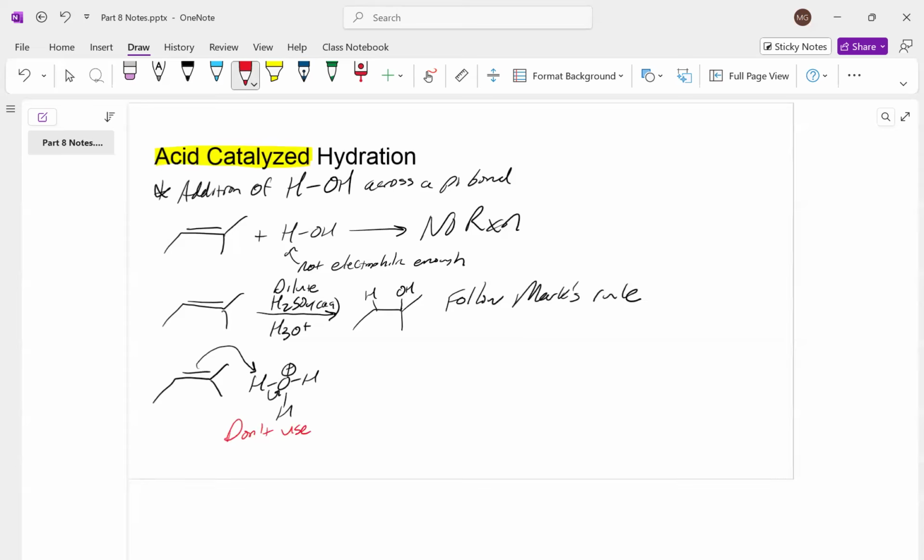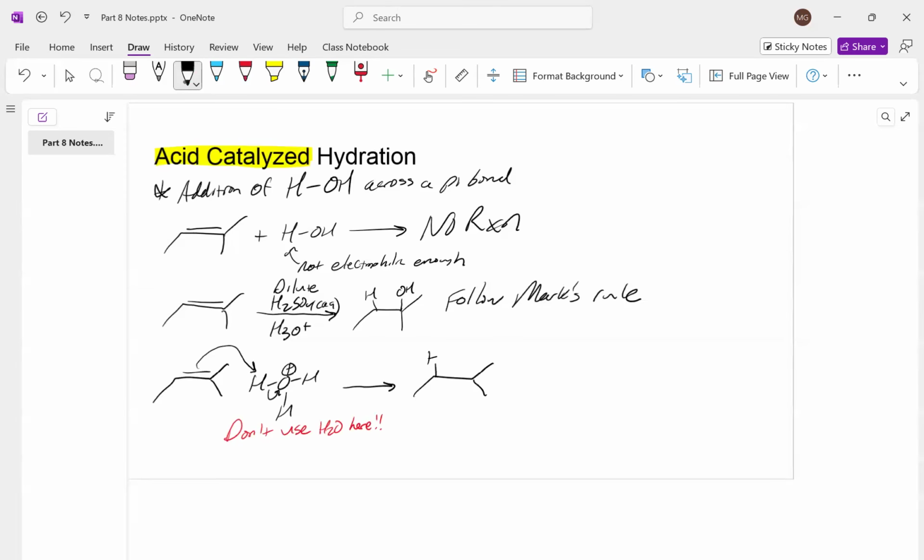Don't use water here. We will use water later in the mechanism, just not here in the first step. I'll explain why in just a little bit. But this is one of the most common mistakes students make in the mechanism: they say, oh, hydration, I'm just going to add water here. No, we can't use water there, and I'll explain why in a little bit. Let's just finish this mechanism.